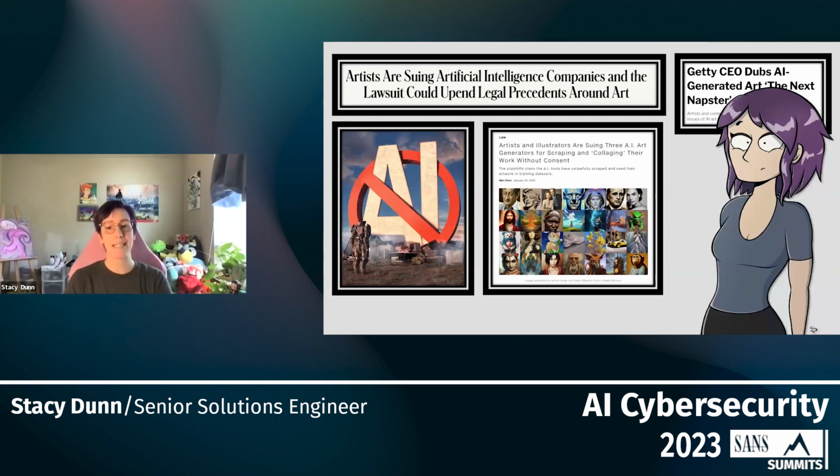The lawsuit states these images were all taken without consent and without compensation. On top of that, Getty Images, yes, you know the one, is also suing Stable Diffusion for using up to 12 million Getty images to train its model, again, without consent or without compensation. And more lawsuits are continuing to pop up with similar claims as time marches on.